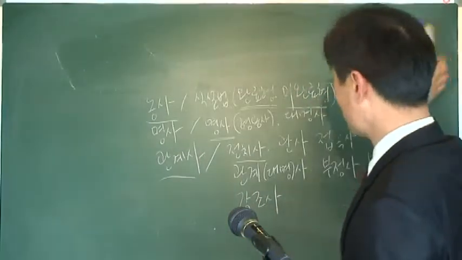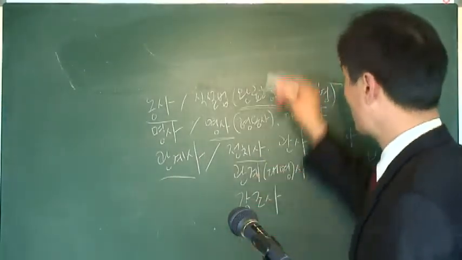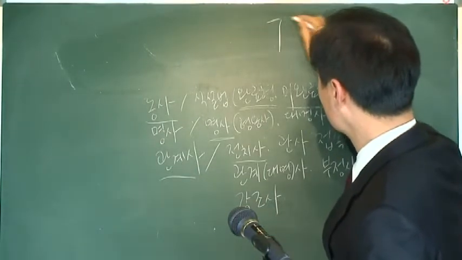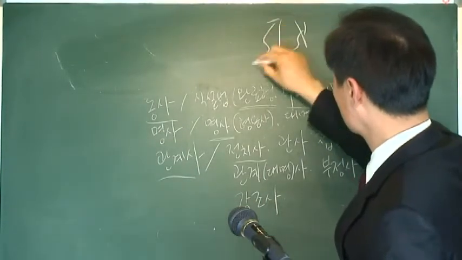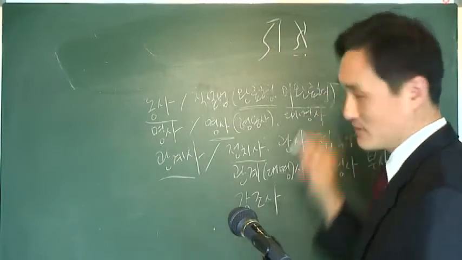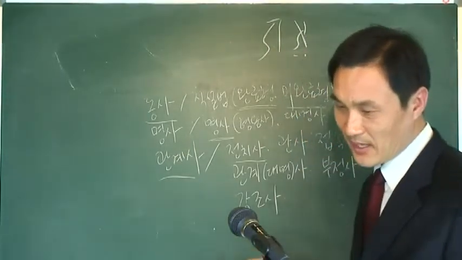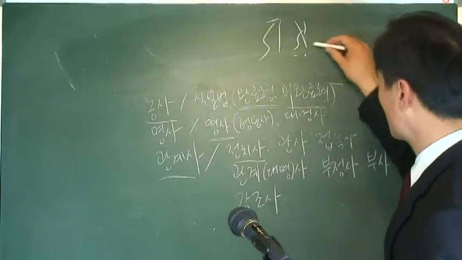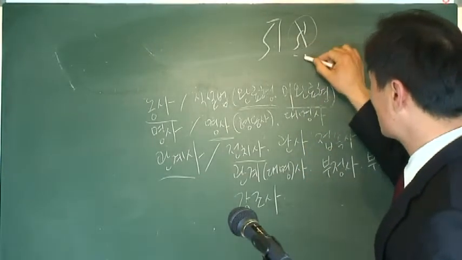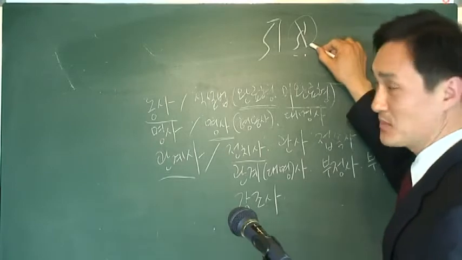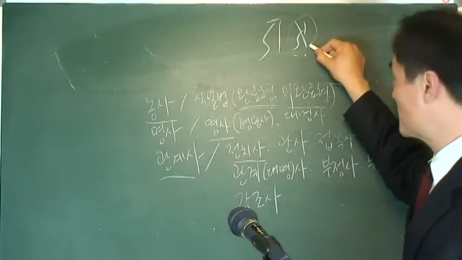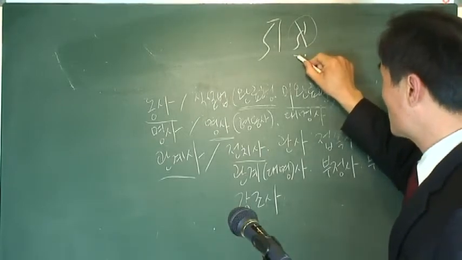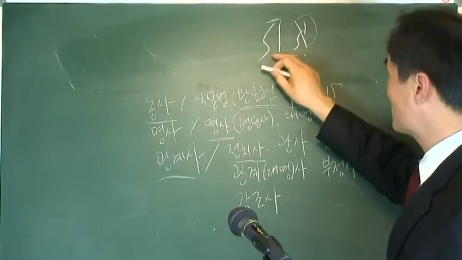The next word is et. Aleph is a consonant, but it is a silent letter and is not pronounced.